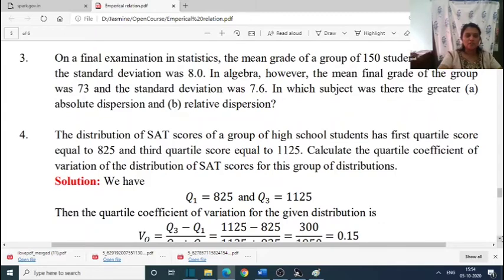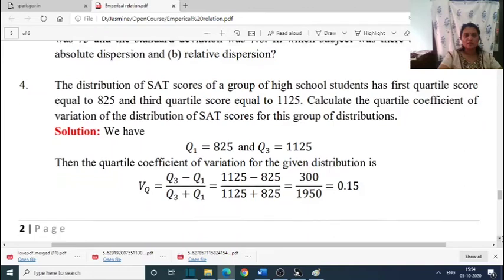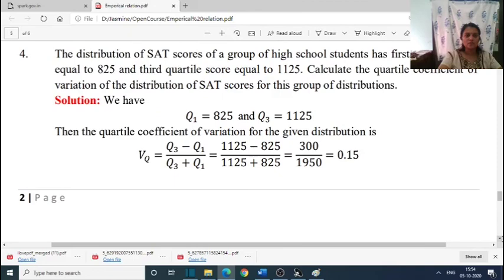Next problem: the distribution of SAT scores of a group of high school students has first quartile score equal to 825 and third quartile score equal to 1125. Calculate the quartile coefficient of variation for this distribution of SAT scores. We have Q1 equal to 825 and Q3 equal to 1125.